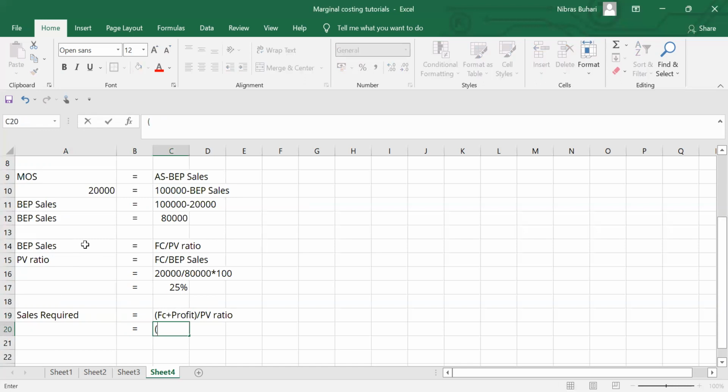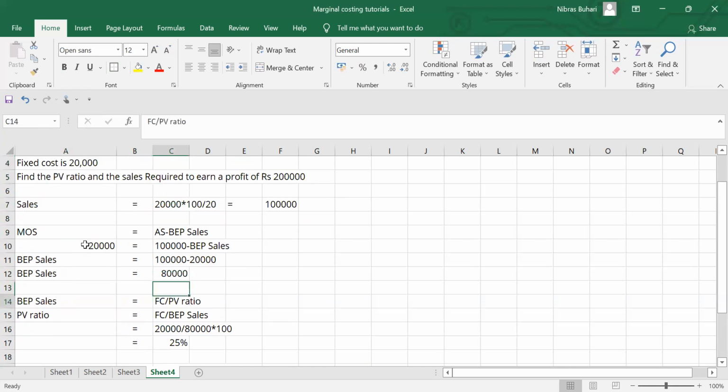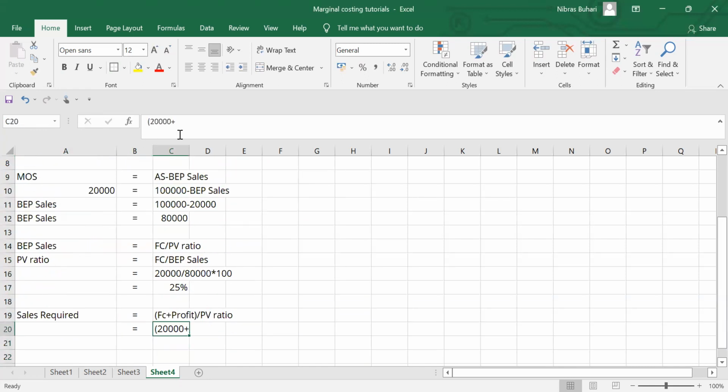Fixed cost is 20,000. Profit, how much is the profit they have asked us? 2 lakhs. So profit is 2 lakhs divided by PV ratio, which is 25%. 8 lakhs and 80,000 rupees is the answer.